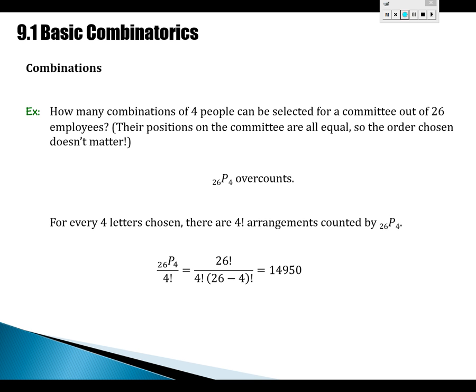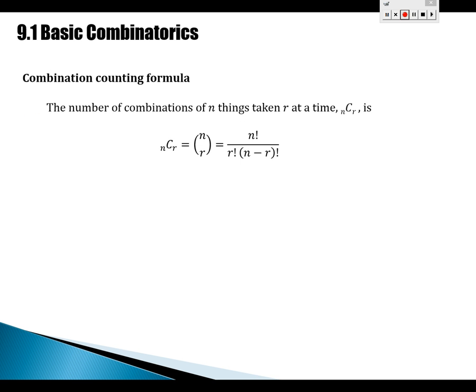Yeah, so in general, we have just the NPR formula from yesterday, n factorial over n minus r factorial, with another r factorial in the denominator, which takes out the order. We're just dividing out the order to fix that overcounting. So, what Sophie said, there it is.